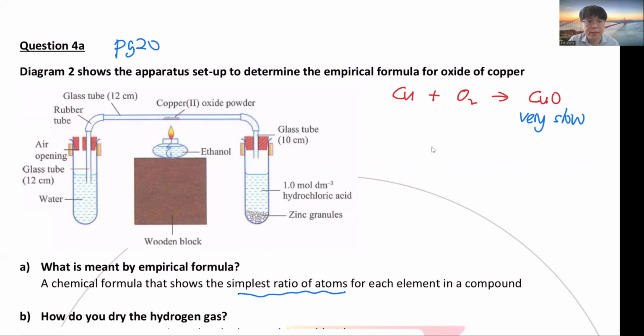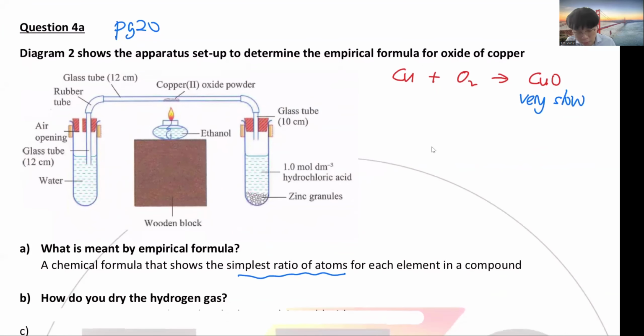So for this experiment, the lab assistant will burn it for you. They'll burn the copper with oxygen to get copper 2 oxide. They help you to burn it. After that, you get copper 2 oxide.